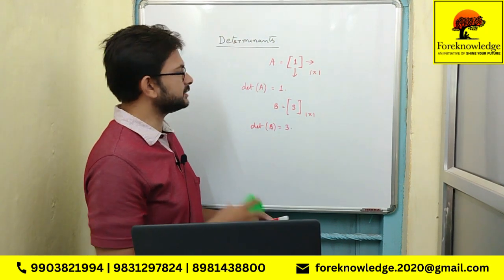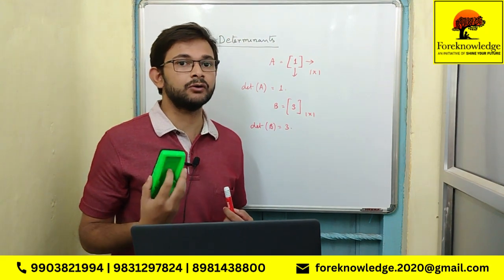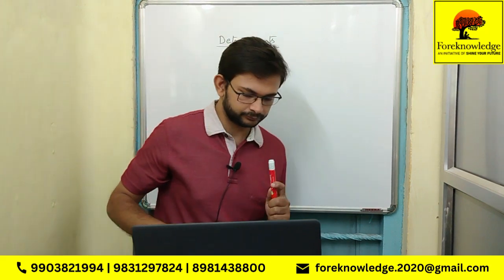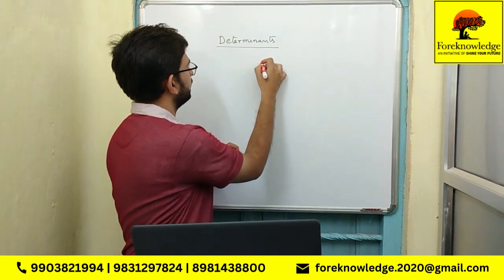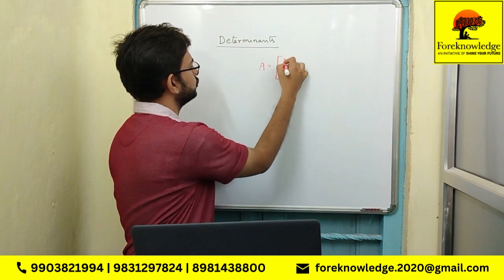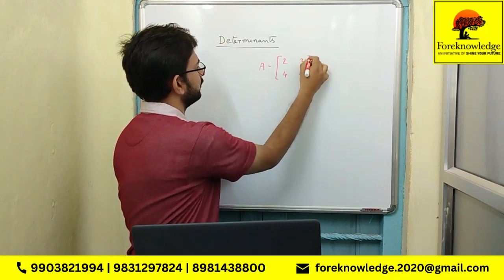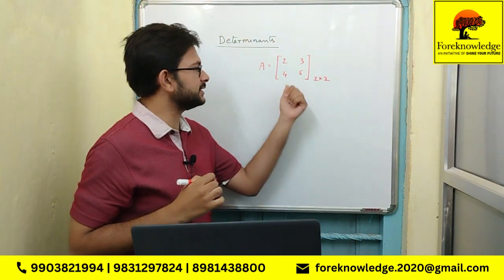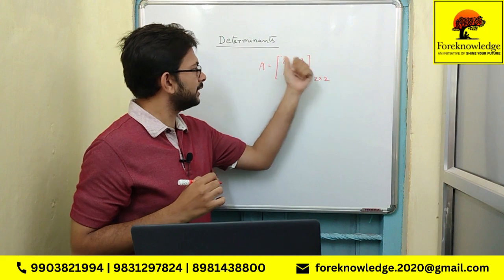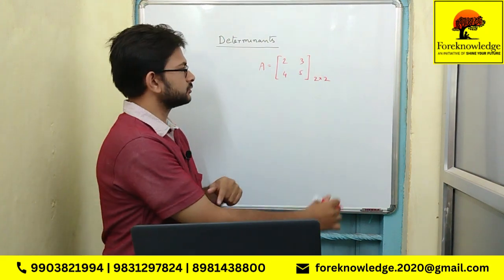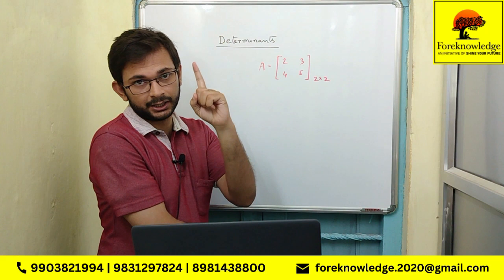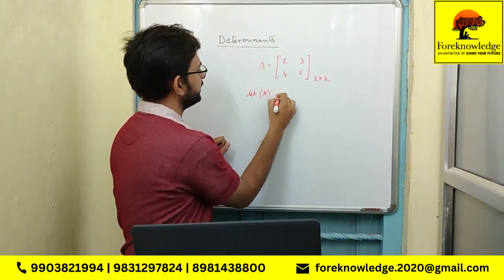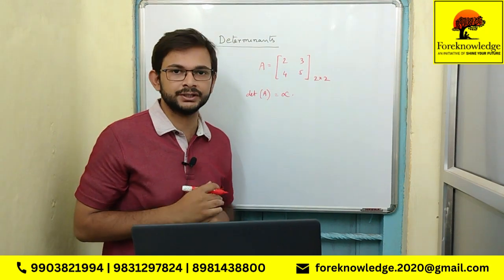So now let's move on to a 2 cross 2 square matrix and how to calculate it. Suppose A is equal to 2, 3, 4, 5. Now it is a 2 cross 2 square matrix, 2 rows and 2 columns. So now how to find that alpha? Suppose we are saying that determinant A equals alpha.